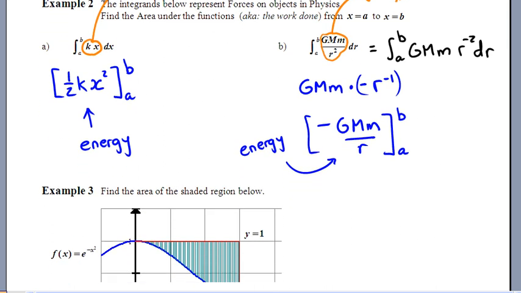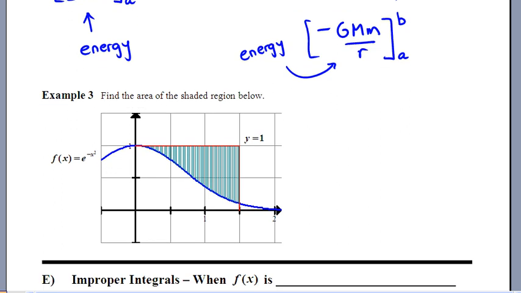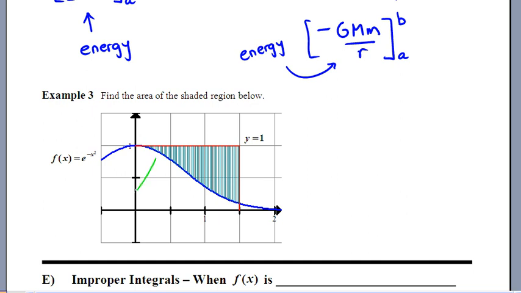Next story, this one's kind of neat. We're going to see if we can find the area that's shaded up above that curve e to the -x squared. And at first glance, I'm thinking, okay, well, that shouldn't be too bad. If we can just find the area under this curve, maybe we'll ask the calculus to do that from 0 out to 1.5.